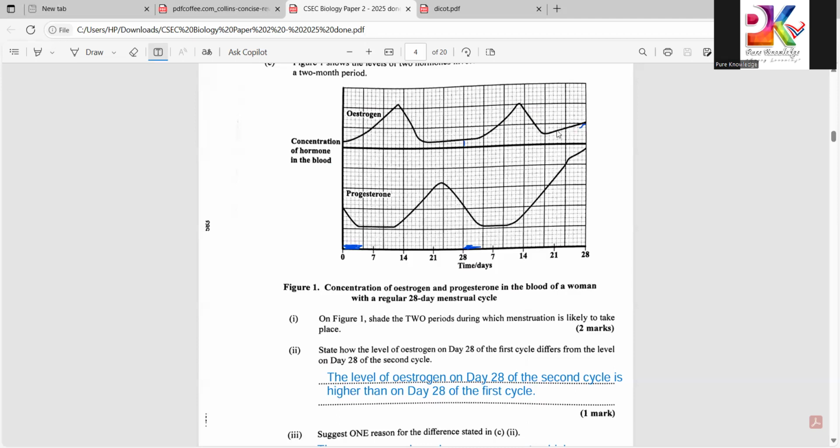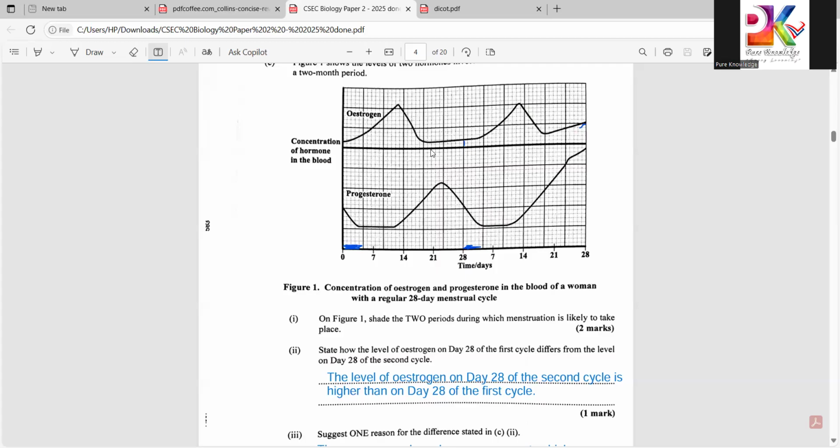But then instead of falling and continuing, remaining constant, it starts to rise, right? And why would it start to rise? It's because it will want to make the uterine lining remain ready to provide the baby that is implanted, or the embryo that is implanted, with the necessary nutrients and oxygen.